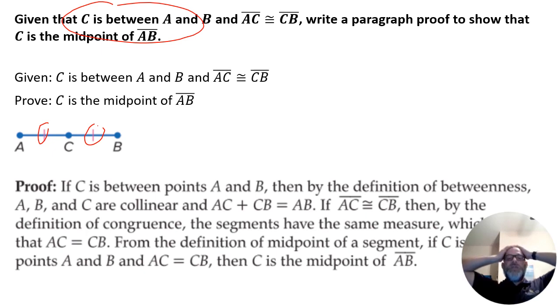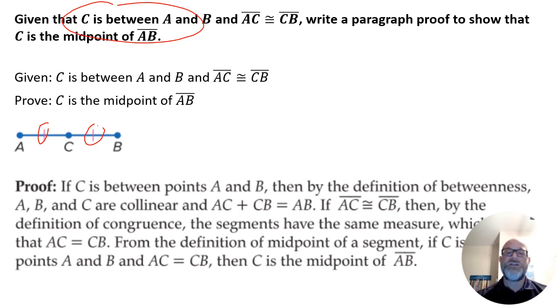Proof. If C is between points A and B, then by definition of betweenness, A, B, and C are collinear, and AC plus CB equals AB. That was our literal definition of betweenness. All right. If line segment AC is congruent to CB, then by the definition of congruence, the segments have the same measure, which is that AC equals CB.